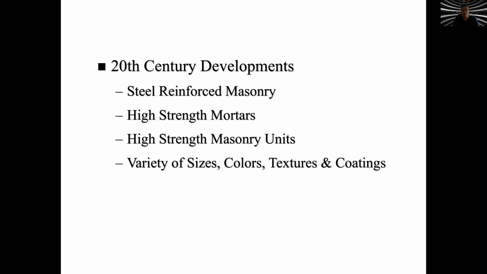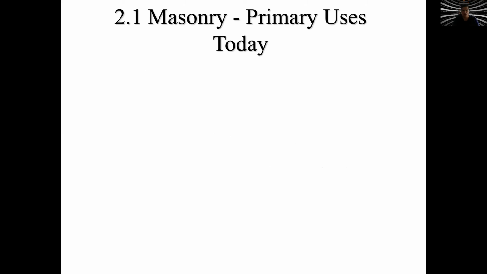In the 20th century, we have new developments in structures, like the appearance of steel reinforced masonry, where we have steel inside of the masonry, mortars that were much stronger, masonry units that also have a high strength, and a variety of sizes, colors, textures, and coatings start to appear in the materials.